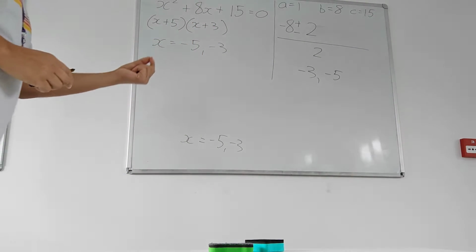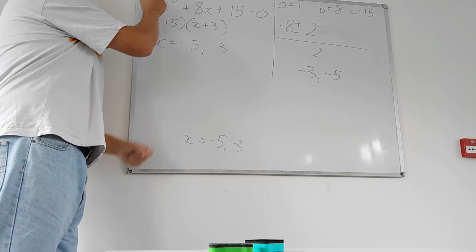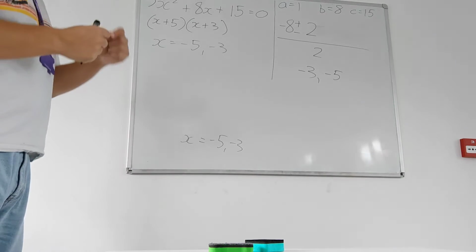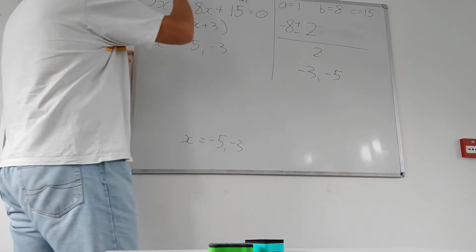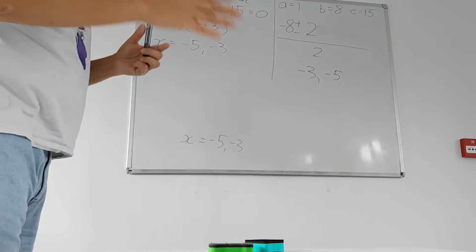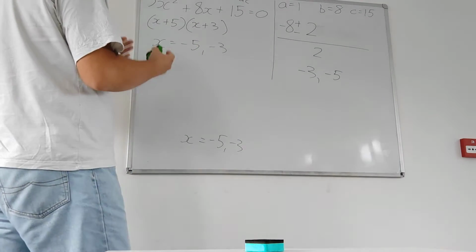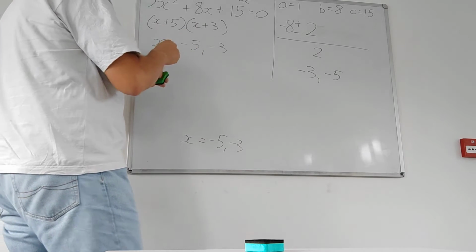Don't forget, the one thing I'm not going to mention now is when there is a number next to x squared, when there is a coefficient, that's when you do the AC method. That's the bit I'm not going to overcomplicate with now. But the AC method, what does that change? It makes factorising a little bit harder.